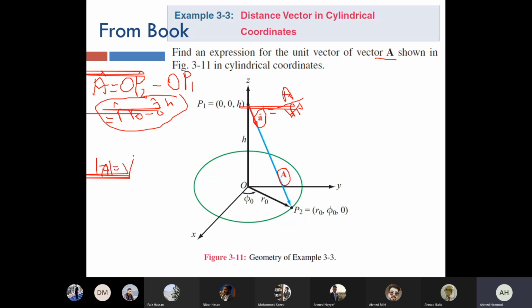It equals the root of R square plus H square.